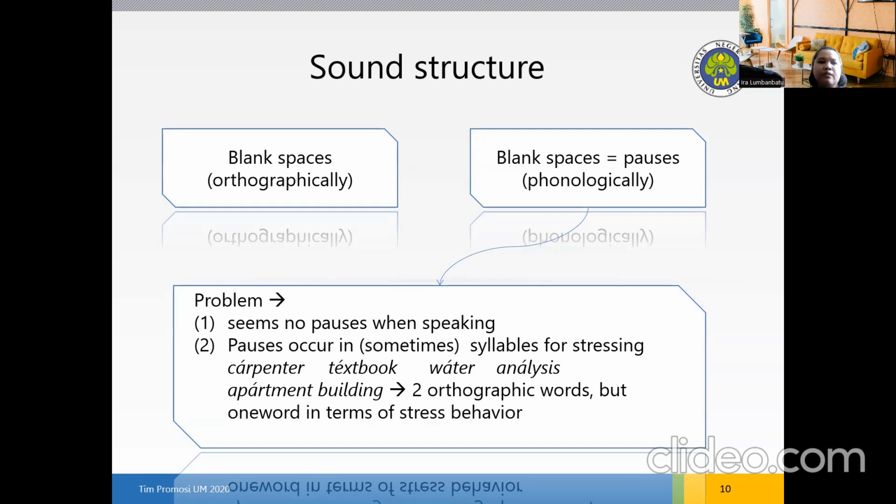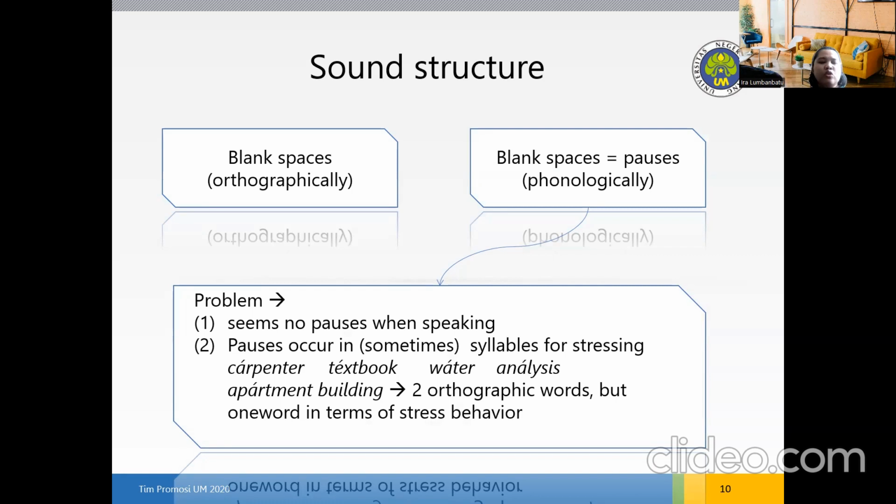But here, let's see the problem in sound. We have a problem in sound structure with the blank spaces or pauses in the phonological sense. The problem is that there seems to be no pause when speaking, so it depends on the person who speaks.